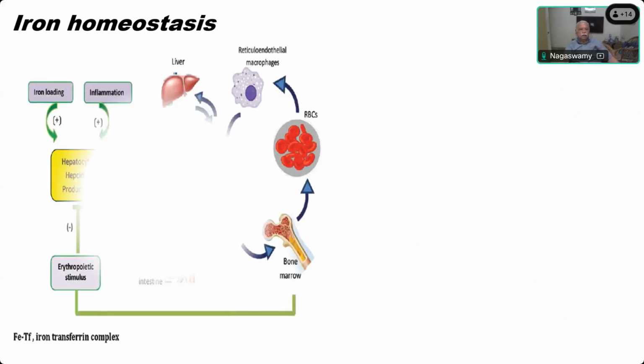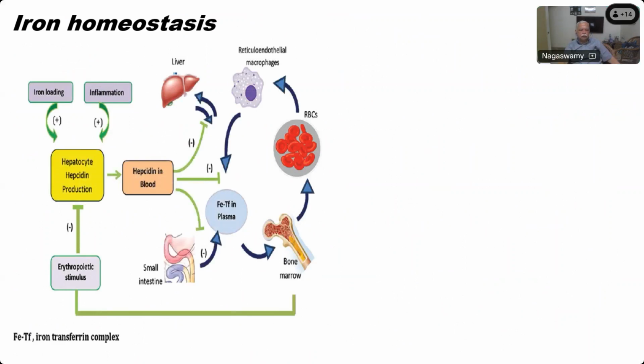Right. So this picture will tell you what are the things that are happening. Iron is transported across the mucosal cell and carried by transferrin. It is oxidized from the ferrous form to the ferric form. So iron mainly we get from our oral diet. Nobody takes iron injection or IV iron every day, so the main source of iron is our dietary source.